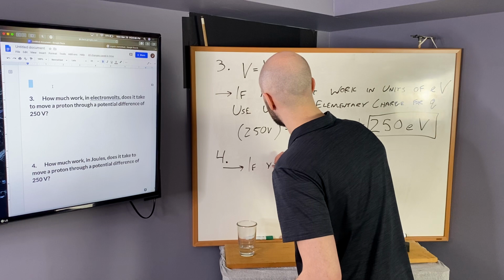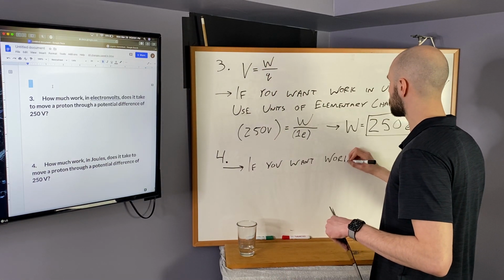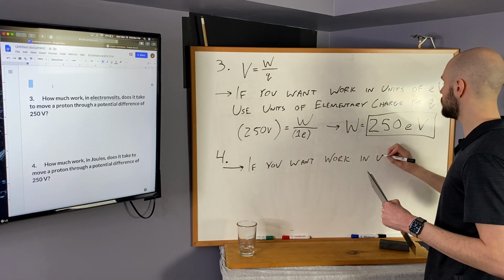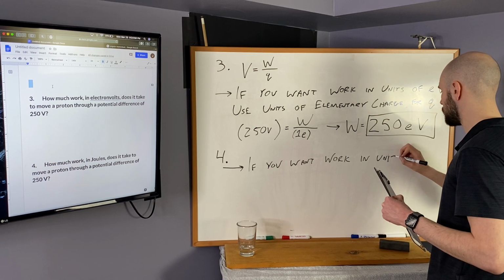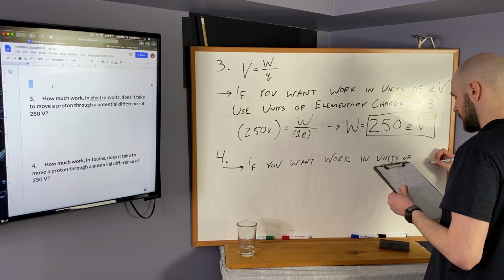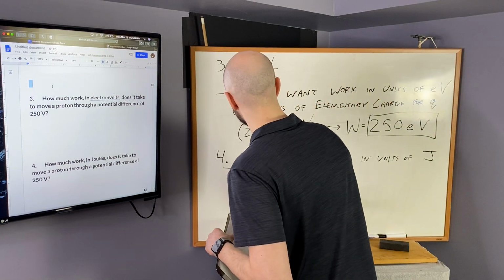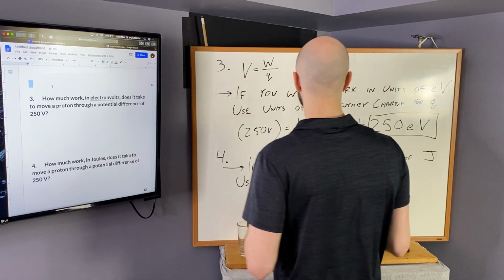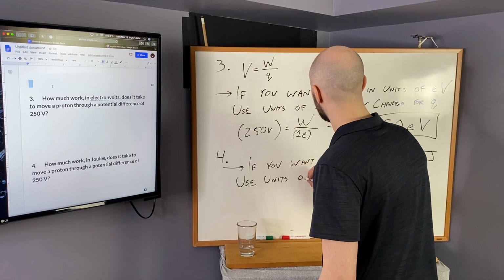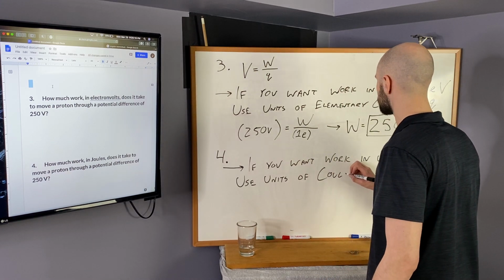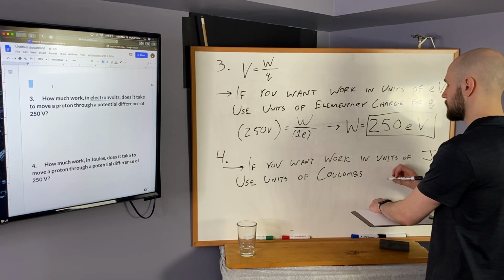If you want work in units of joules, use units of coulombs for Q.